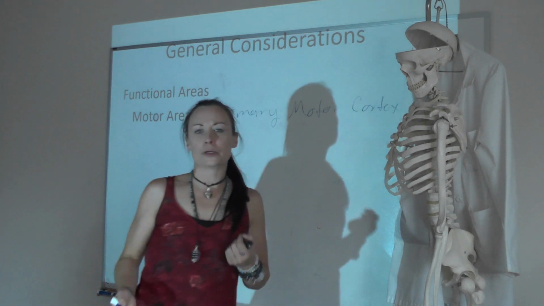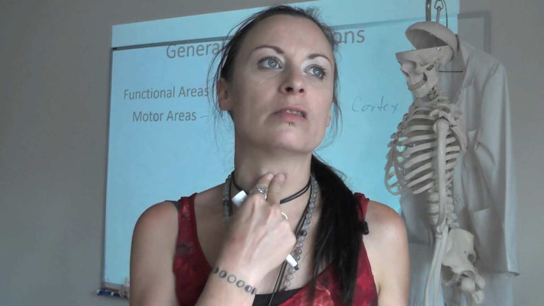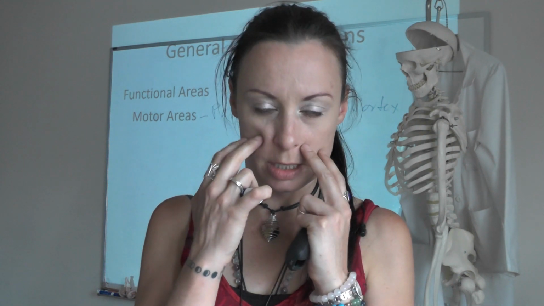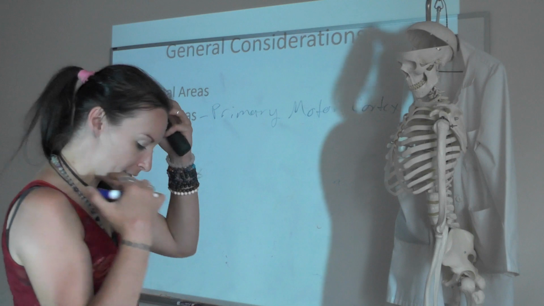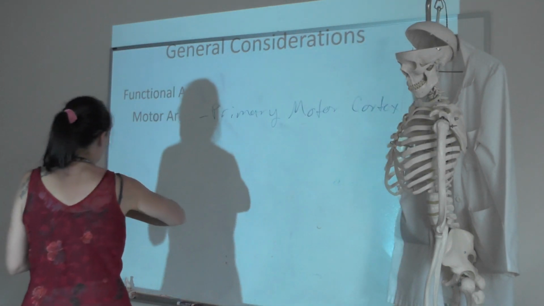The ability to produce sound comes from vibrating air past your vocal folds. But the ability to speak comes from the ability to control the muscles in your cheeks and lips and tongue. So there's a motor speech area in your left frontal cortex, so just be aware of that.